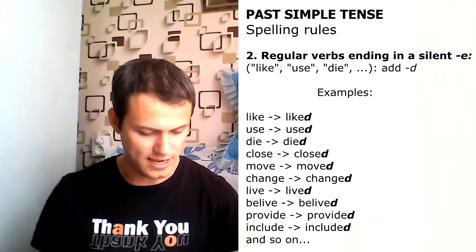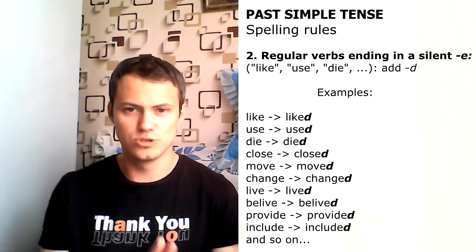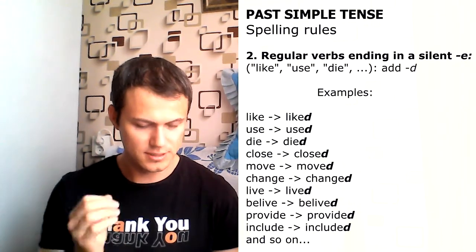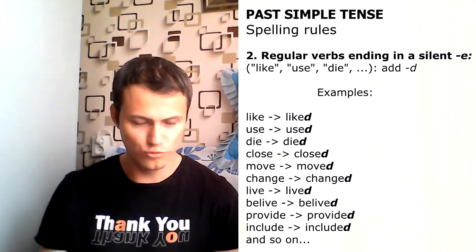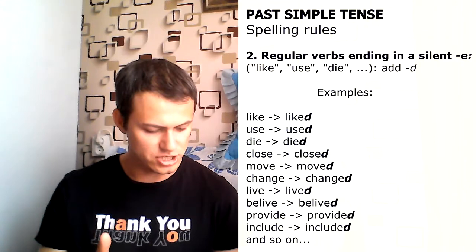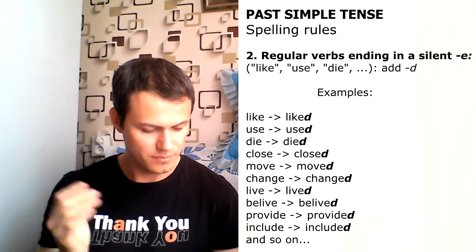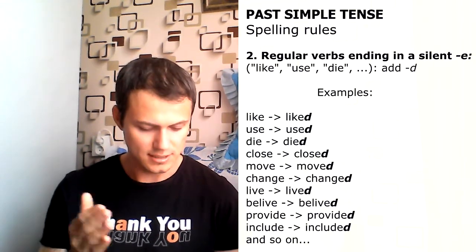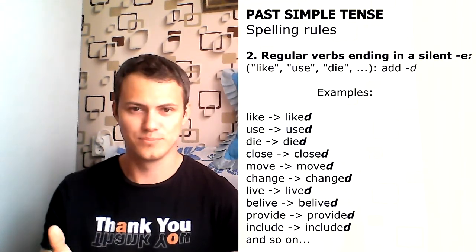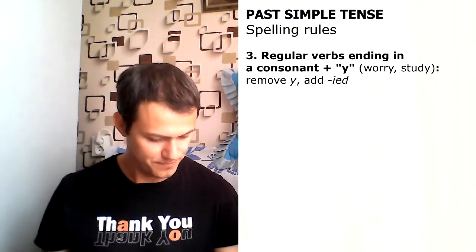So, for example, like becomes liked, use becomes used, die, died, close, closed, move, moved, change, changed, live, lived, believe, believed, provide, provided, include, included. Please pay attention. Let's move to the next rule.